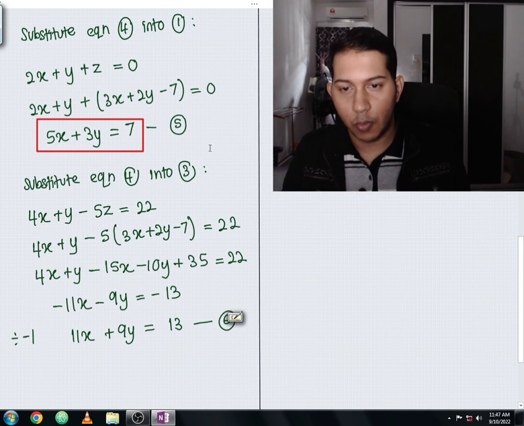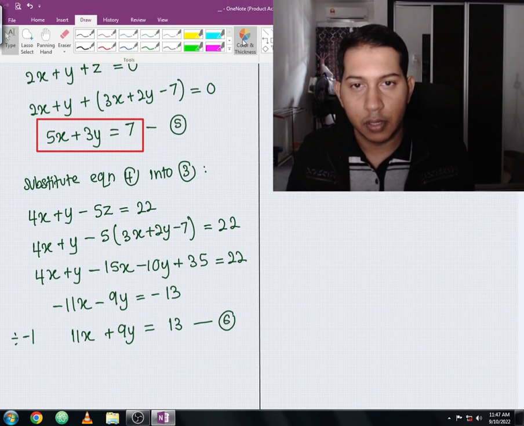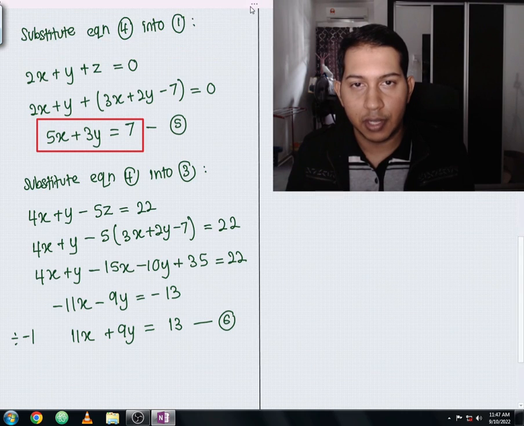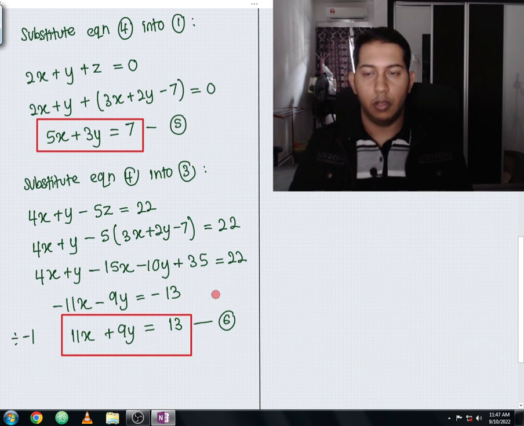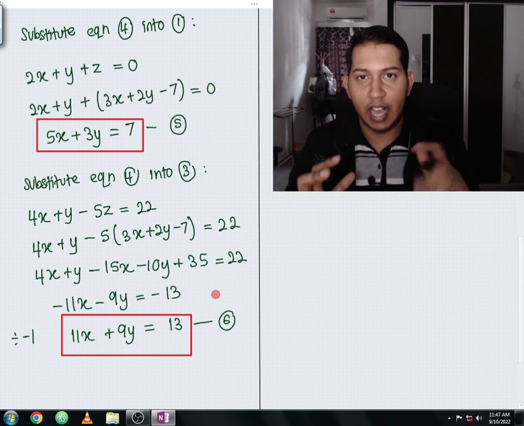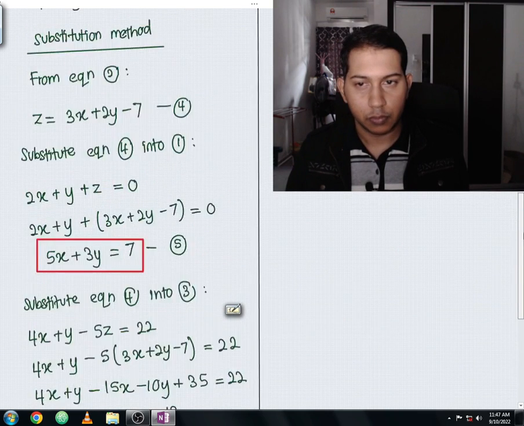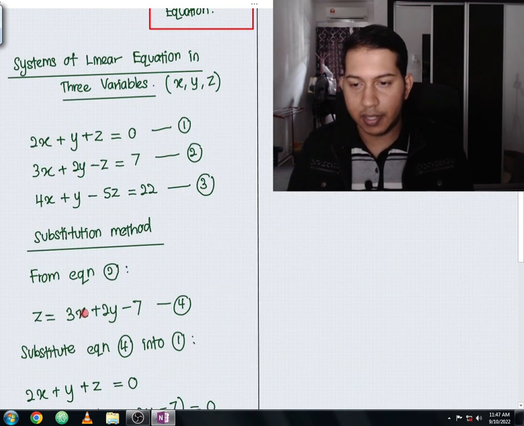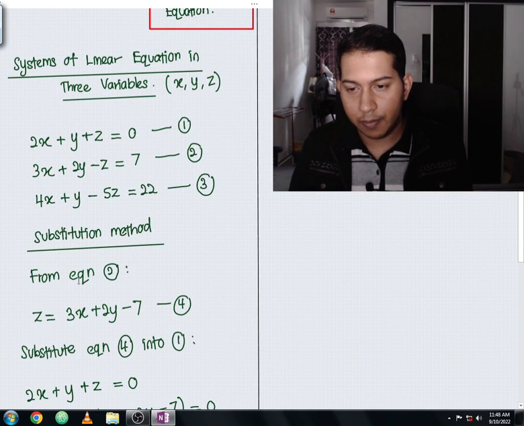So I'm going to box this equation in a red box to differentiate that this equation involves the two variables. I hope by right now you should understand how the substitution works. Basically it's just reduction from 3 variables to 2 variables.